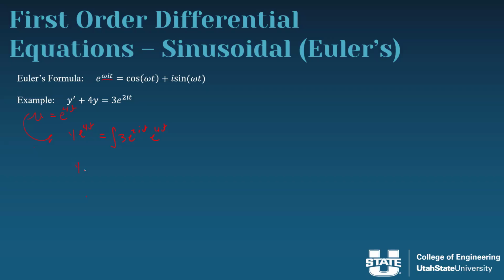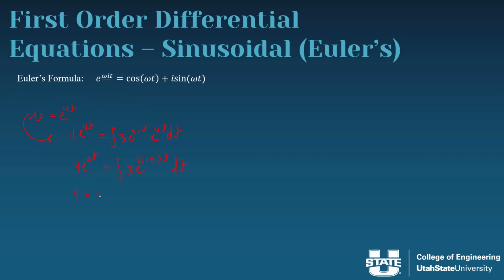So we have y e to the 4t equals the integral of 3 e to the 4 plus 2i t dt. I forgot my dt up here, sorry. Okay, so now we can just integrate this.